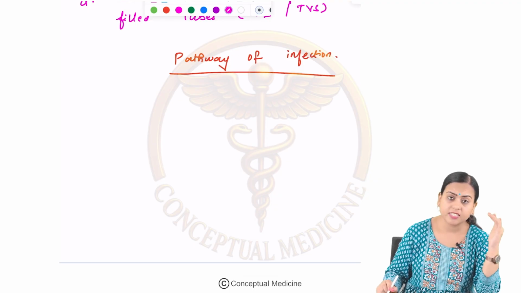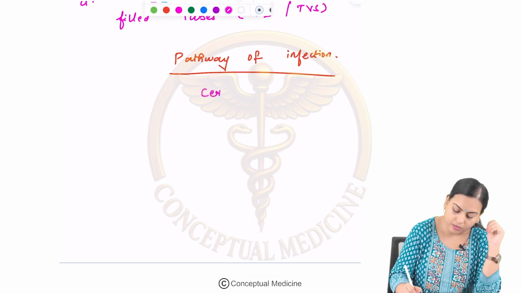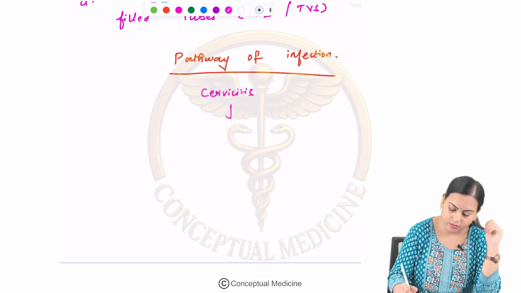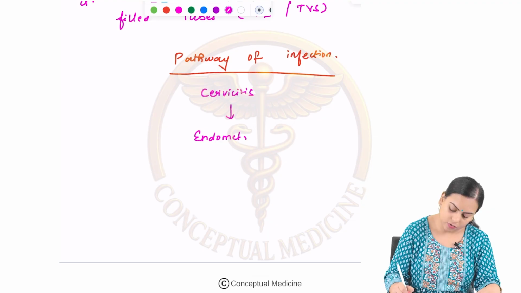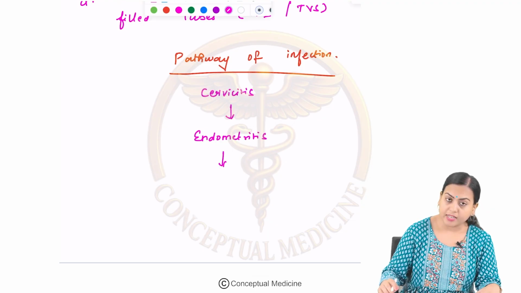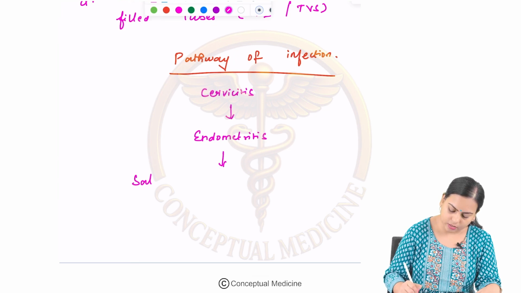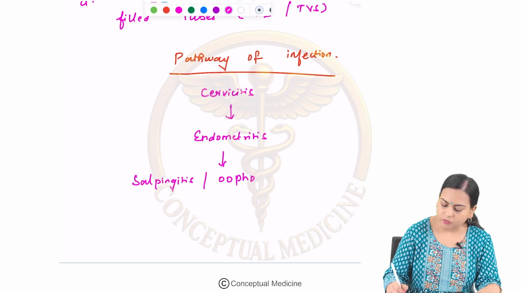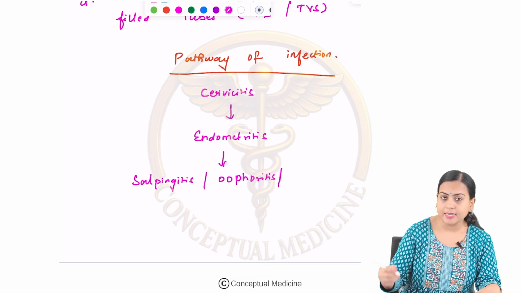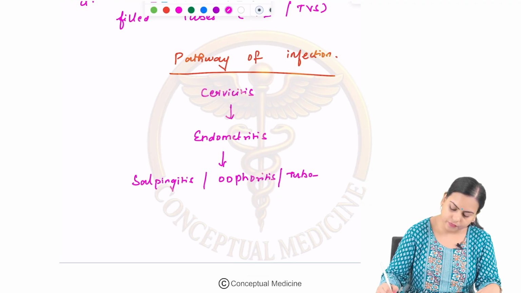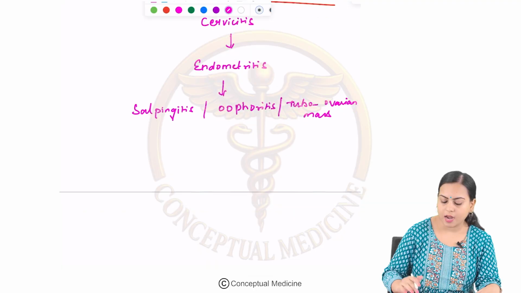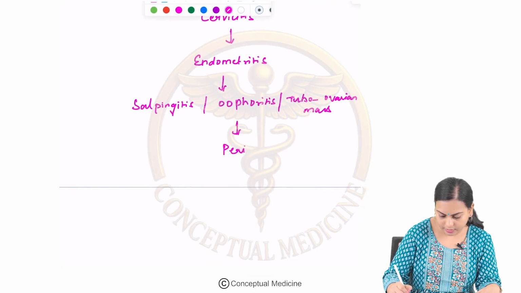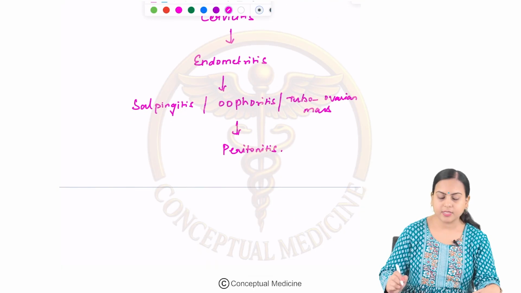Pathway of infection starts with cervicitis, which will be leading to endometritis, and that will be spreading to the tubes causing salpingitis, ovaries causing uvaritis, and finally it can even form a tubo-ovarian mass, and finally that can even result in peritonitis as well.